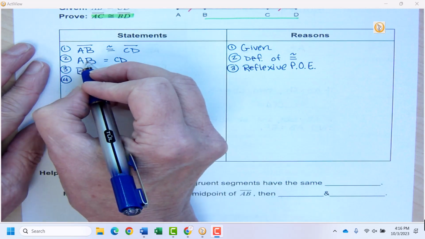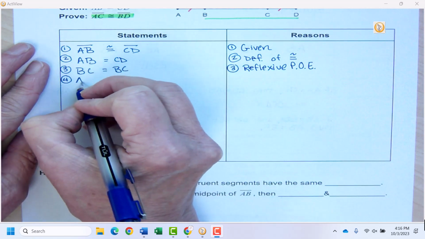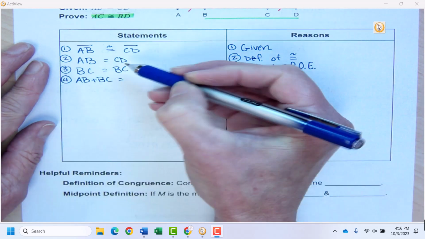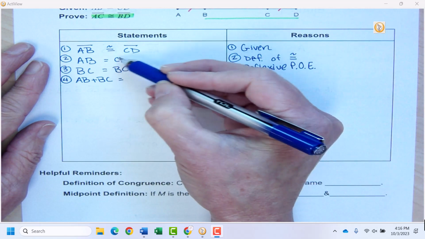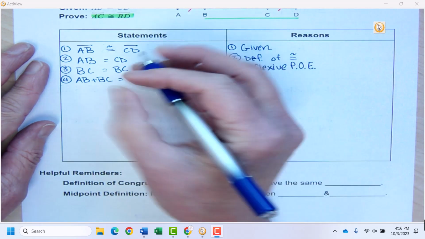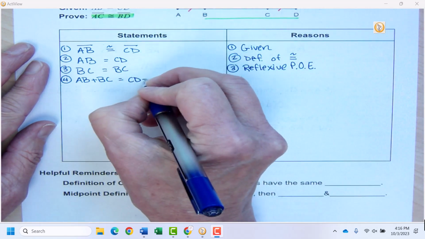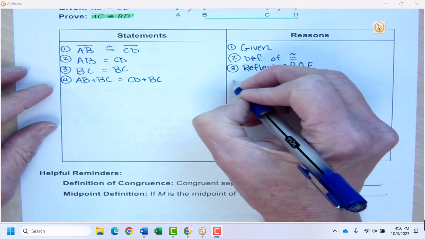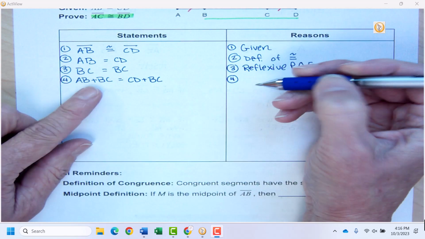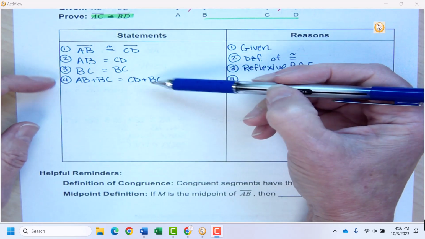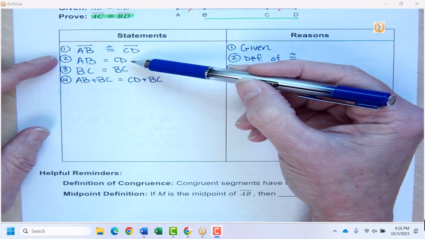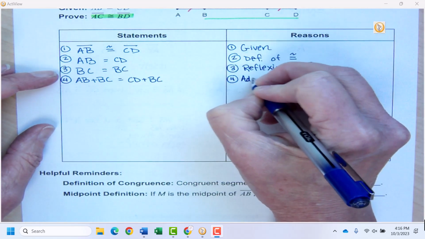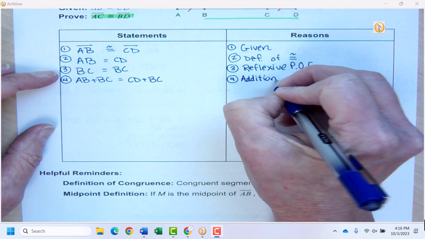So AB plus BC. And then on the right side, I'm going to take this CD and add the same value. Maybe you can remember that what I've done is I've added the same value to both sides of an equation. That's the addition property of equality.